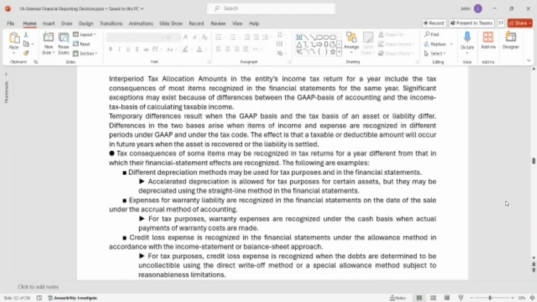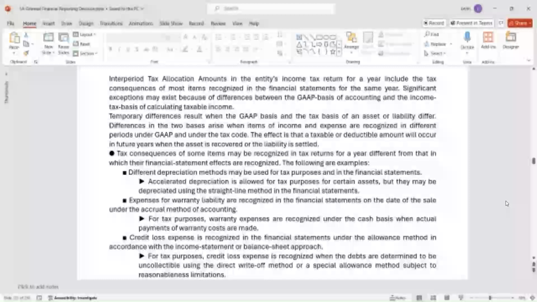Expenses for warranty liability are recognized in the financial statements on the date of the sale under the accrual method of accounting. For tax purposes, warranty expenses are recognized under the cash basis when the actual payments for warranty costs are made.